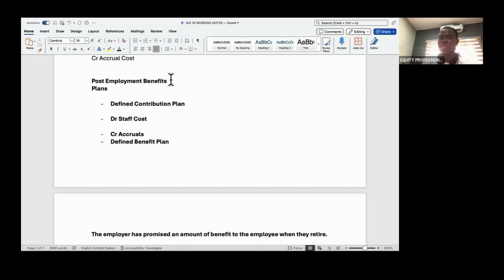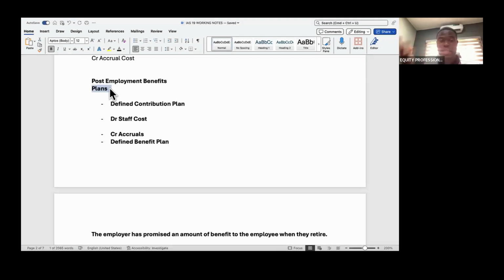It might not be everything, a portion of it periodically like that. So what employers usually do is that they know that retirement benefit is always huge. So they usually have plans, something we call plans.